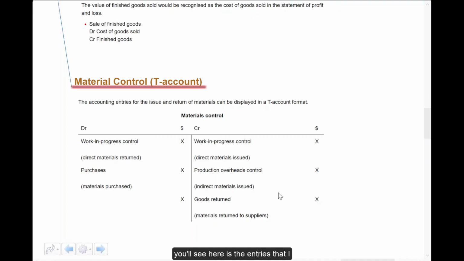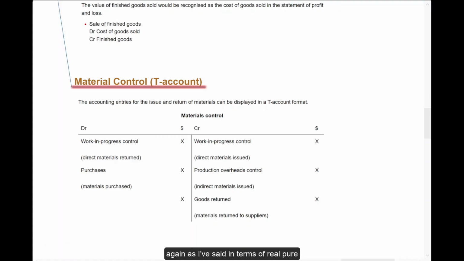And what you'll see here is the entries that I referred to up top. The work in progress control entry, the purchases, etc., where, for example, direct materials issued, indirect materials issued, materials returned to suppliers. So you'll see the debit and credit sides of what we referred to in the diagram above.